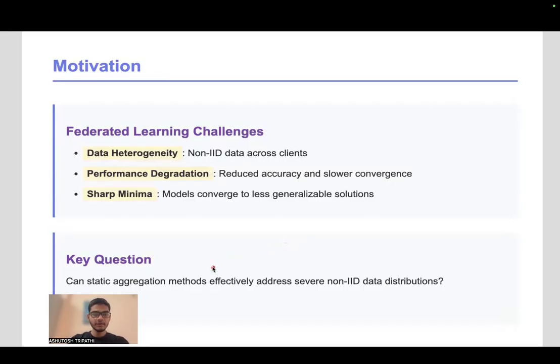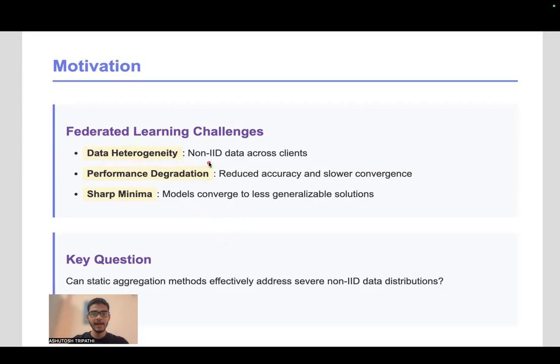Before coming to the motivation of our proposed method, we need to understand the challenges involved in federated learning. There are many challenges such as system heterogeneity, communication efficiency, and differential privacy related issues, and moreover, the main challenge is data heterogeneity. What is it?